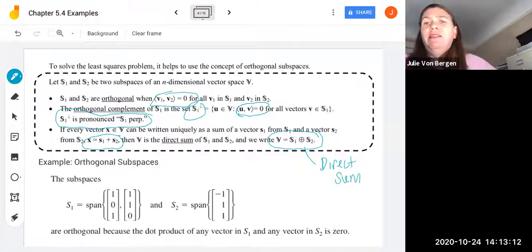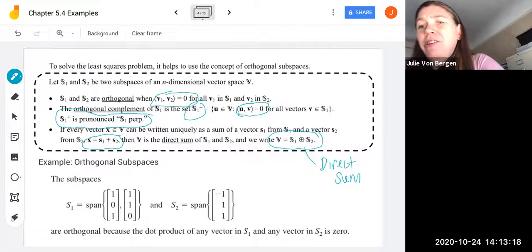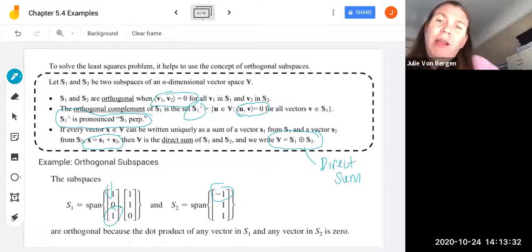You could verify that. We're going to get cancellation from the calculations. You can see that because there's this -1 in the first entry of the vector in S2, so that will negate either of the vectors in S1, because we've got a negative and a positive that get multiplied, and the same for the second vector.